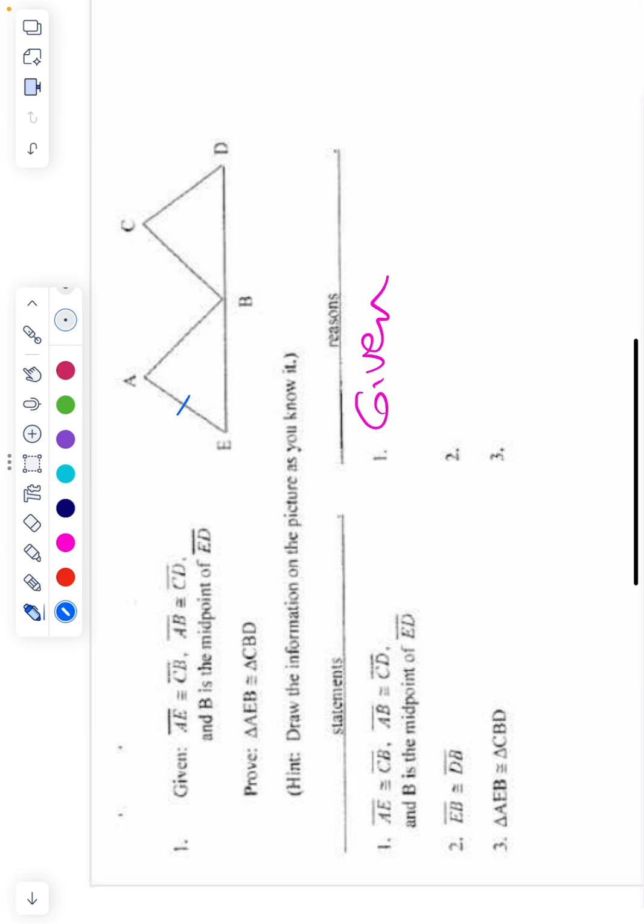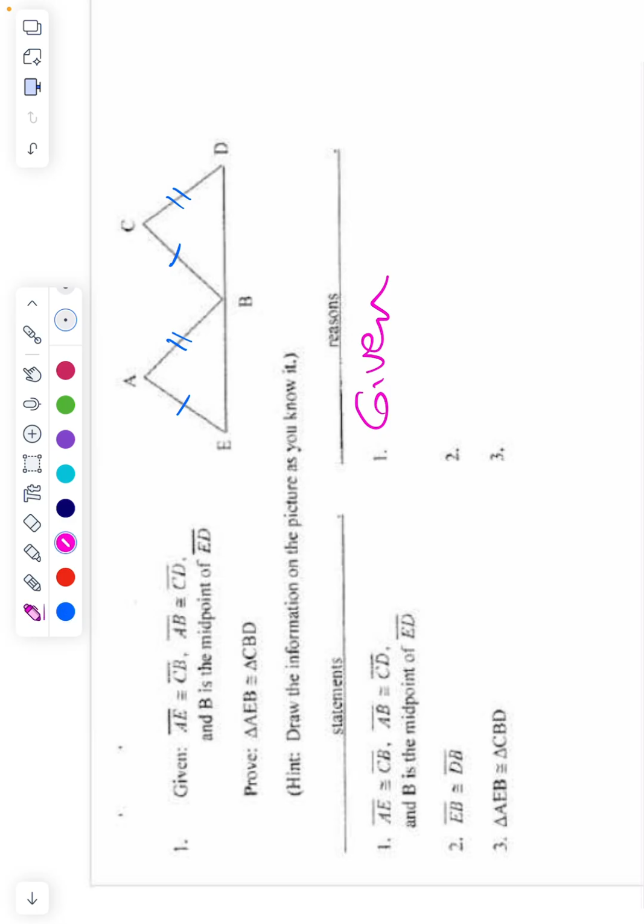AE and CB, AB and CD. There we go. Are A, B, and C, D parallel? If they're not told to be and we can't prove it, then we can't assume. All right, and then B is the midpoint of ED, which is really a way of telling us what?